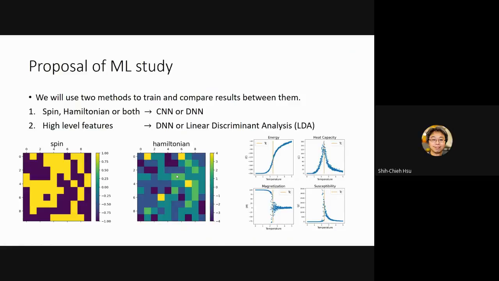But the entropy can only be defined as a high-level feature. There's no such definition of individual entropy of a spin to sum up. Something kind of like that is called the correlation between the spins, but it has not been considered in this PowerPoint.